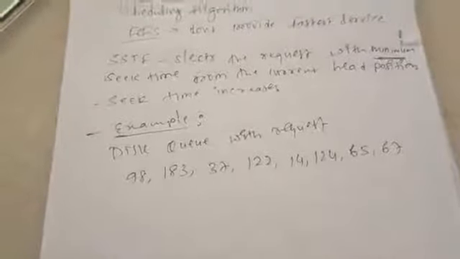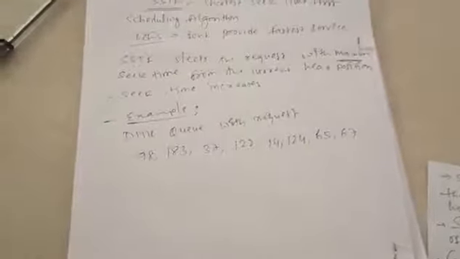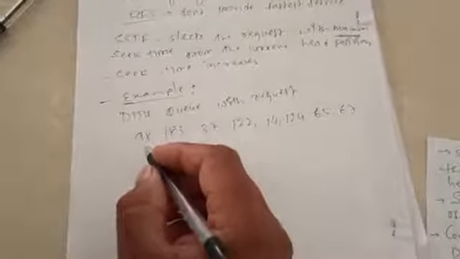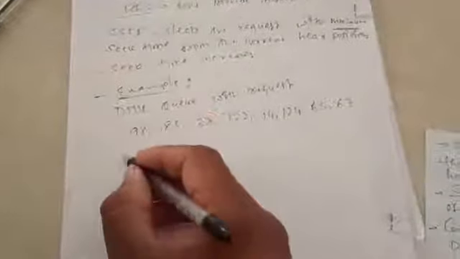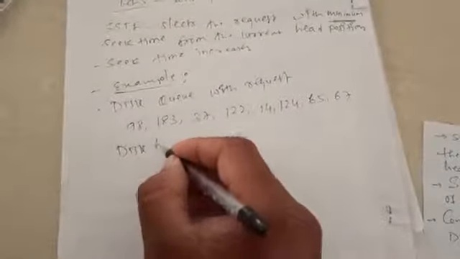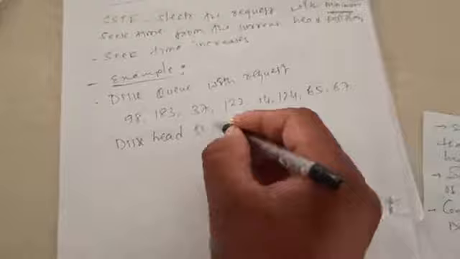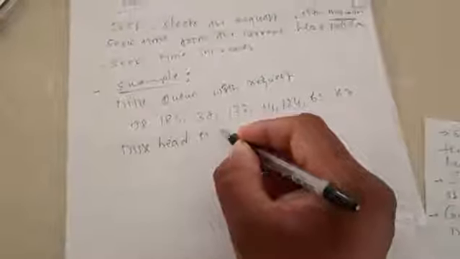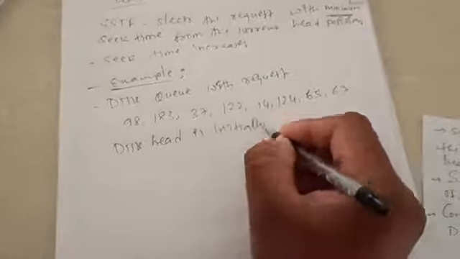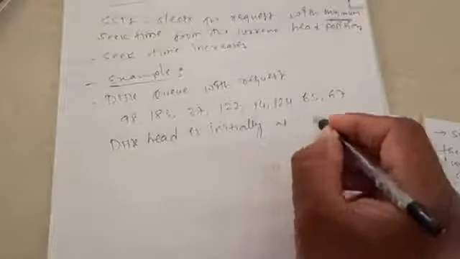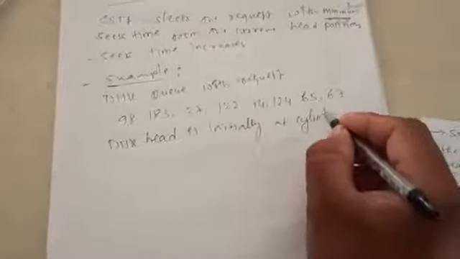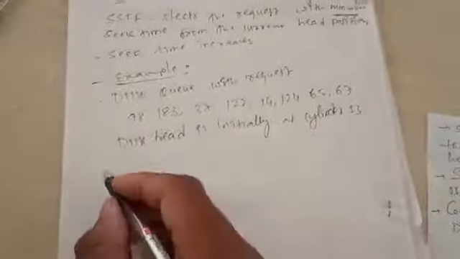These are the services requested by the processes, and they are pending because the device or resource, the disk, is not available. So those are kept in the device queue, and the disk head is initially at cylinder 53 here.